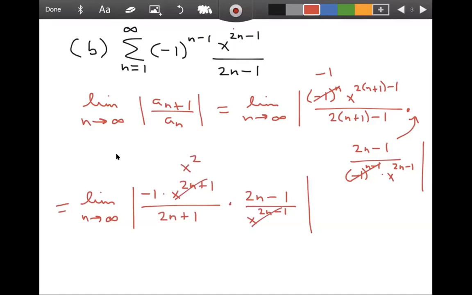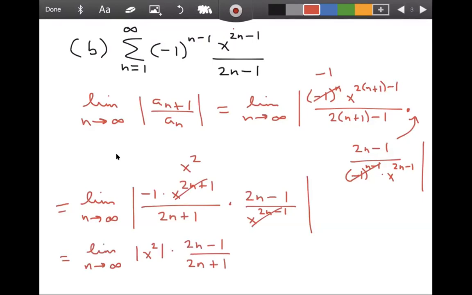All right, so we have the limit as n increases without bound. We can ignore the negative 1 because that's going to come out in the absolute value. We have the absolute value of x squared times 2n minus 1 over 2n plus 1. And again, x does not depend on n.